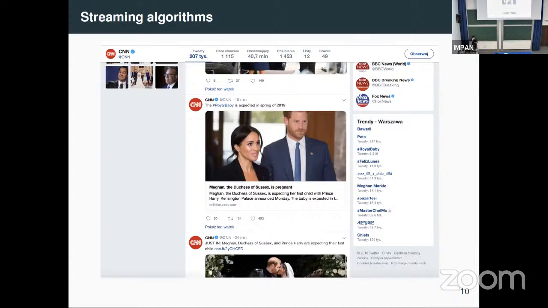So here's a screenshot from Twitter. This is taken 18 minutes after, I think it was the first royal baby was announced. And Twitter has this feature on the side here, which is called trends. So it shows you what is trending. The algorithm that's responsible for creating these trends is called a streaming algorithm.